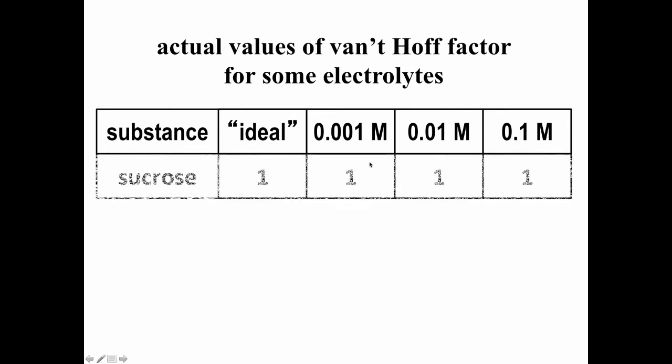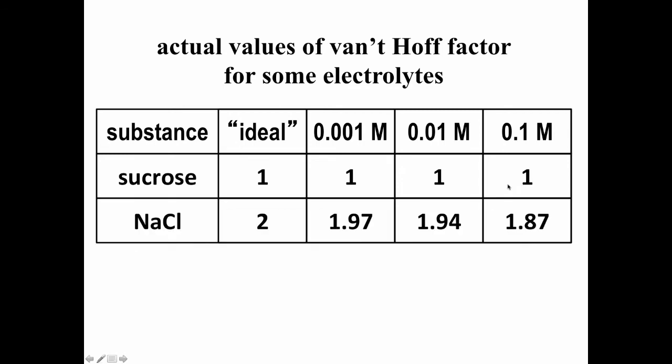So, for example, sucrose, a molecular compound, we've said has an i of 1 because it doesn't break apart into particles. And that's pretty much true. As the solution concentration goes from pretty dilute to more concentrated, the Van't Hoff factor for sucrose pretty much just stays 1.